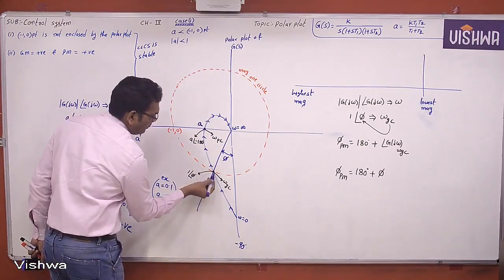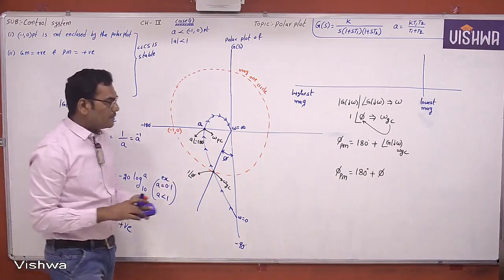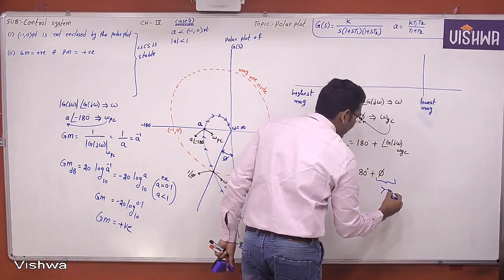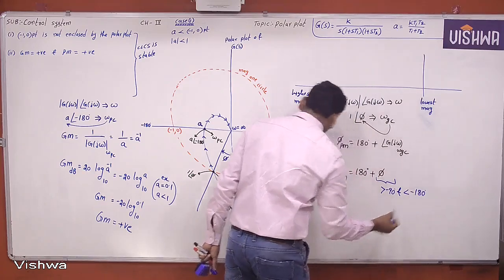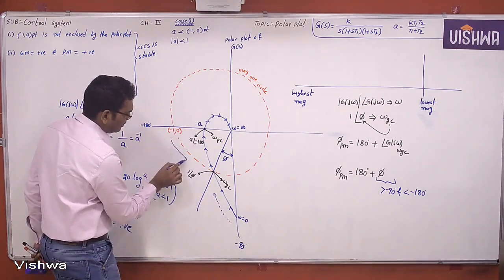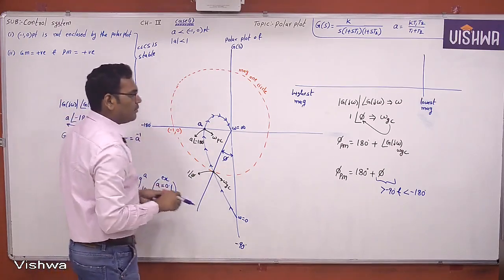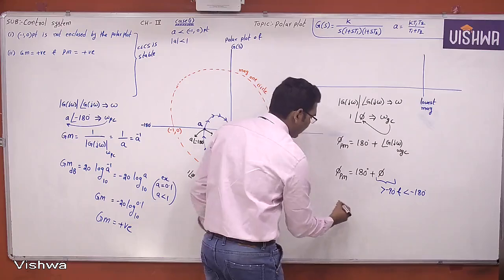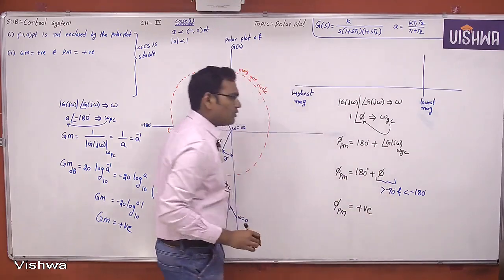Therefore, phi is between minus 90 degrees and minus 180 degrees. So you take any value in that range, and definitely your phase margin will be positive, 100% positive. Am I right or not?